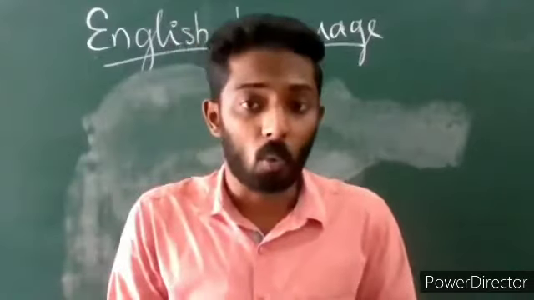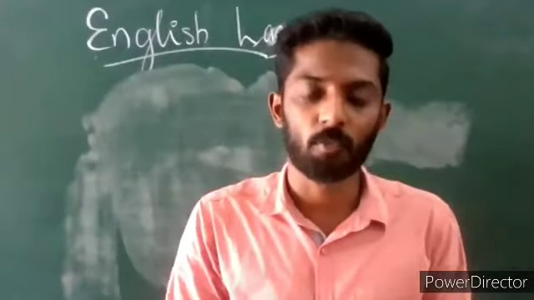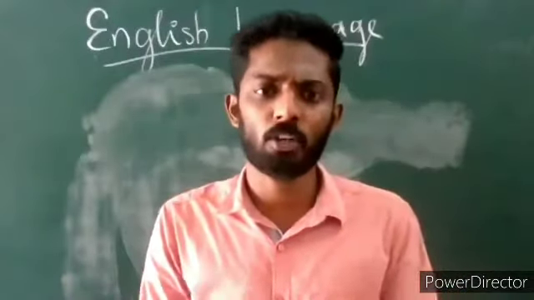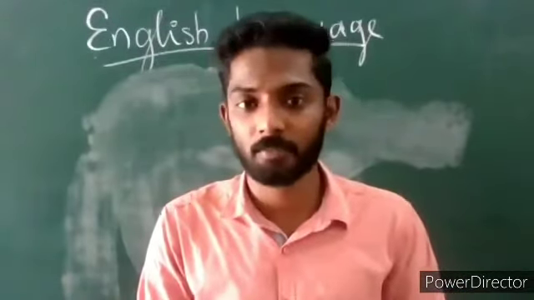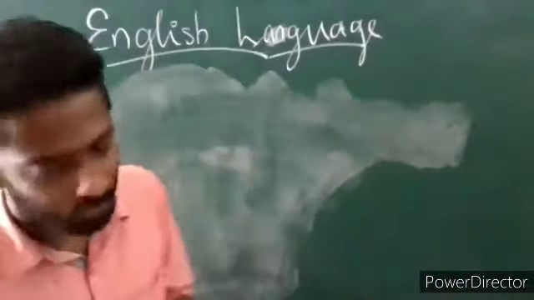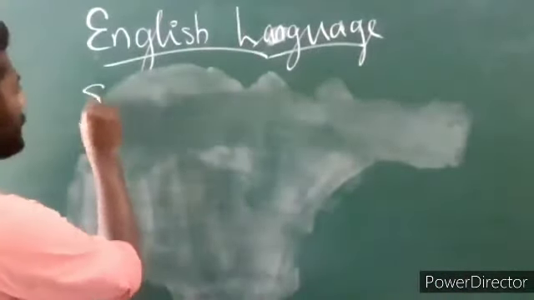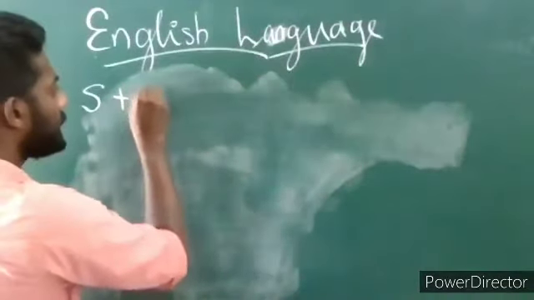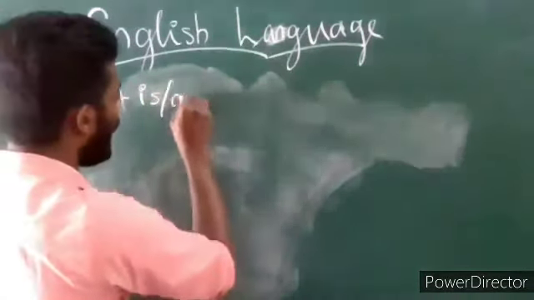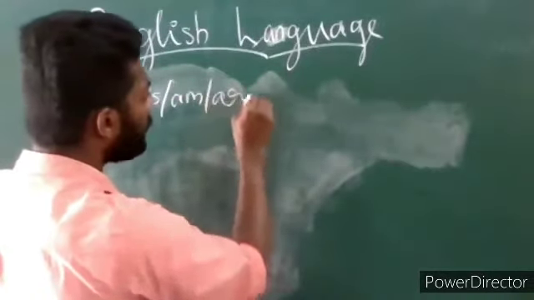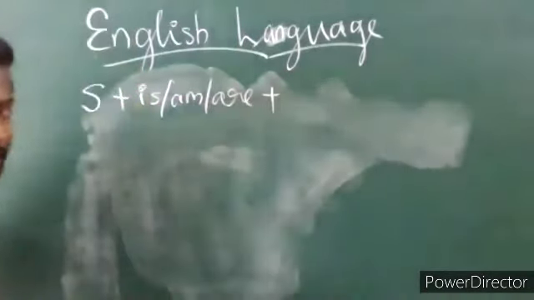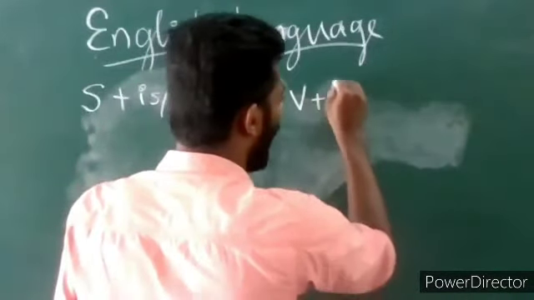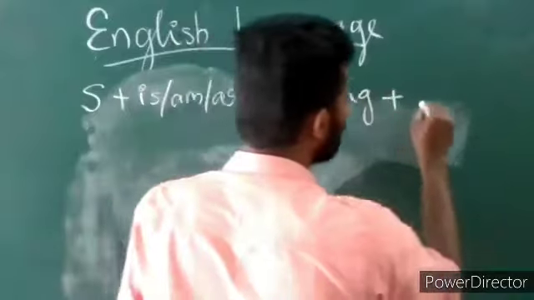So now, what is the structure of the sentence? Before we move to the usages and where to use and so on, we must know the structure of the sentence. It is subject plus is or am or are plus verb plus ing plus object.